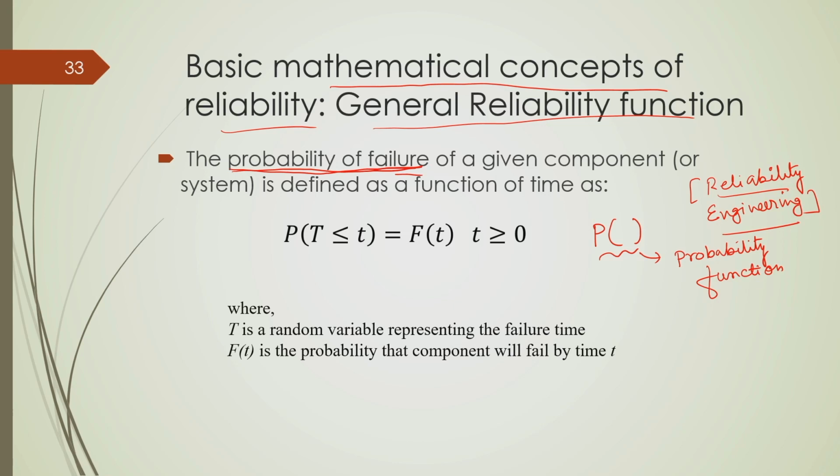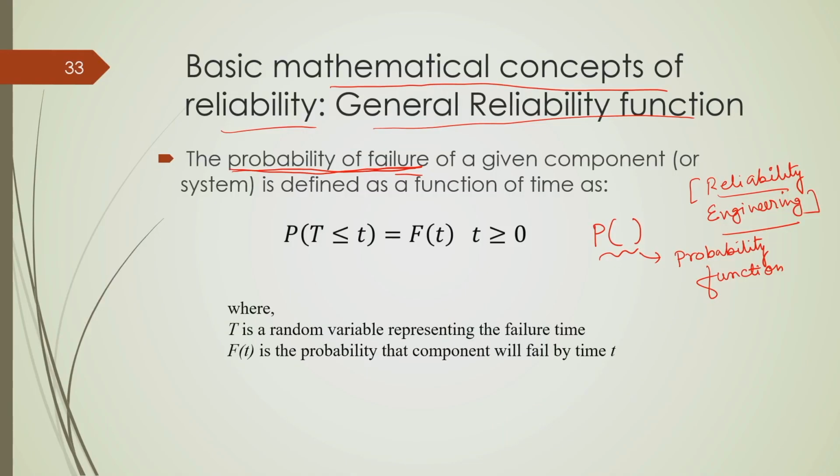This component might be any component connected to a power distribution network. It might be a distribution line, a feeder line section, a power transformer, or a circuit breaker connected to a particular feeder. The probability of failure of that component means how much probability there is that the component will fail.